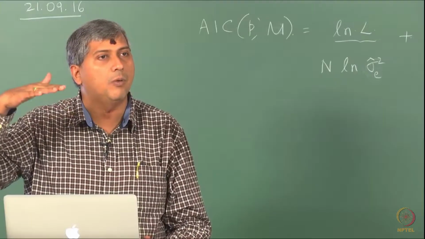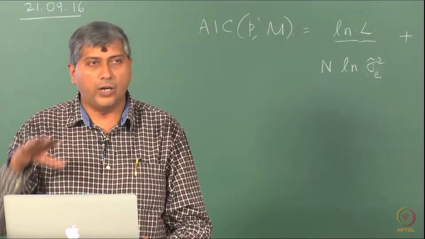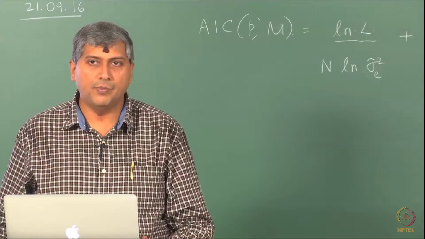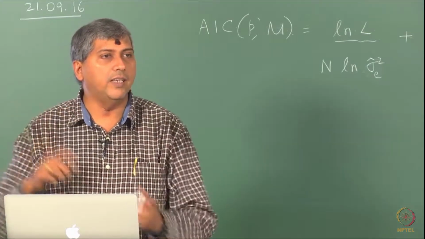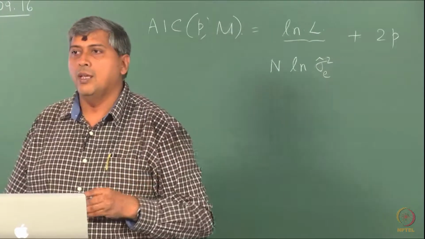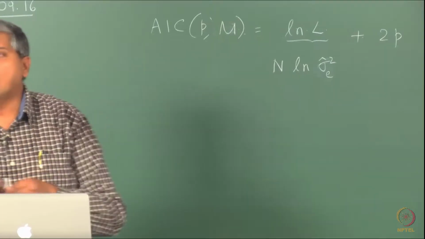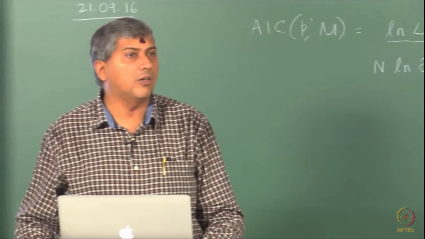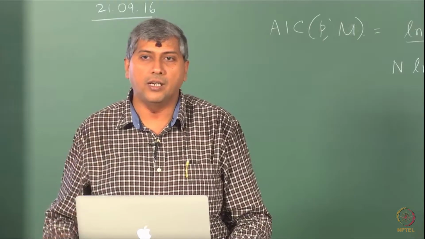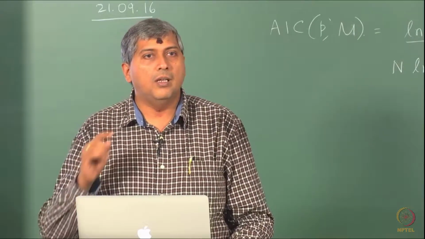So, as I increase the model order for a given type of model, the first term actually goes down, but then you are increasing the second term because you are increasing the number of parameters in your model. And what does the second term signify? As we will learn later on, it signifies the amount of error that you are incurring in the parameter estimates.